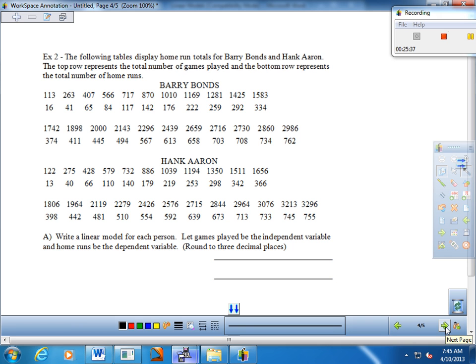I won't go into too much of the history here, but I grew up as a baseball fan, and at the time, Hank Aaron was the home run king, basically. He hit the most career home runs. And so here is his kind of data set with the number of games that he's played and the number of home runs hit. Well, Barry Bonds came along in the late 90s and early 2000s, and he actually broke Hank Aaron's all-time record.